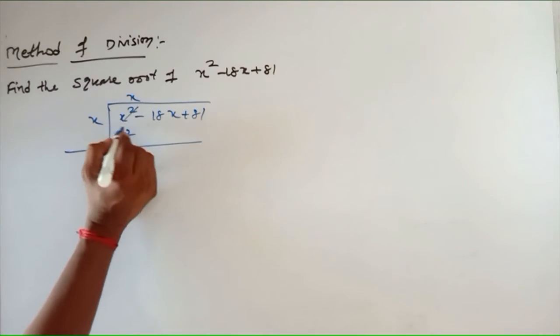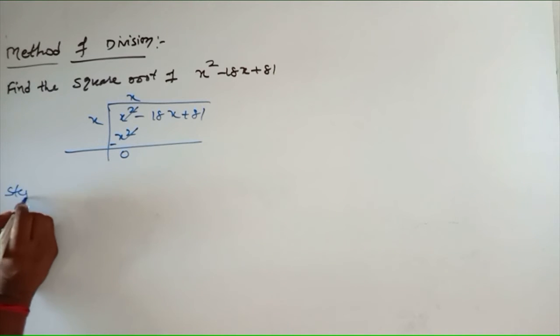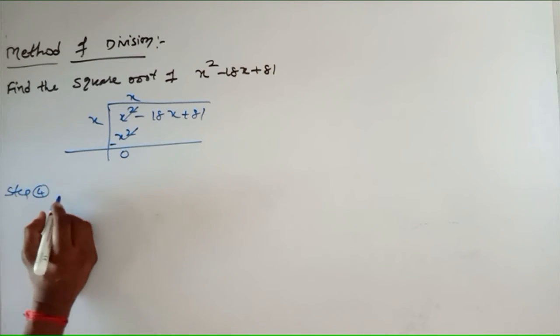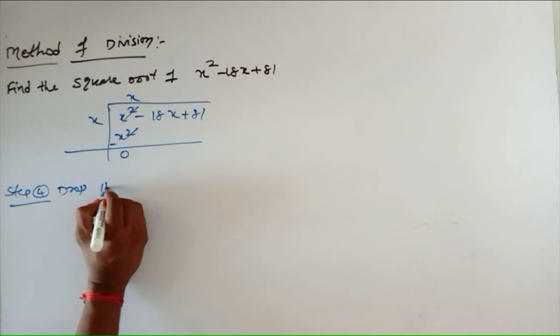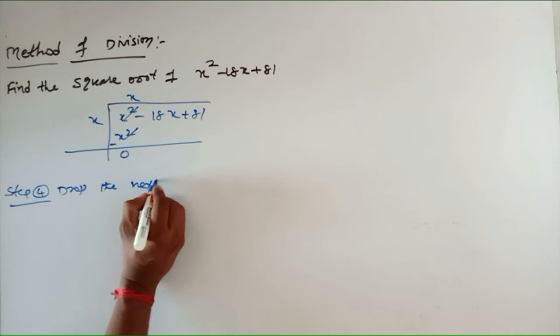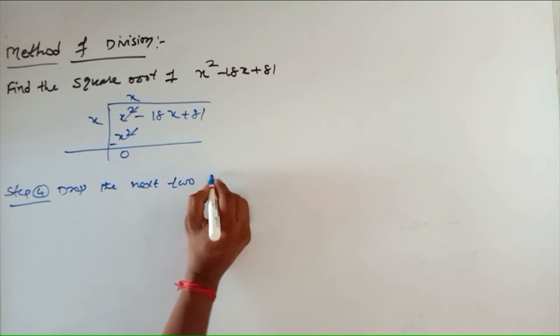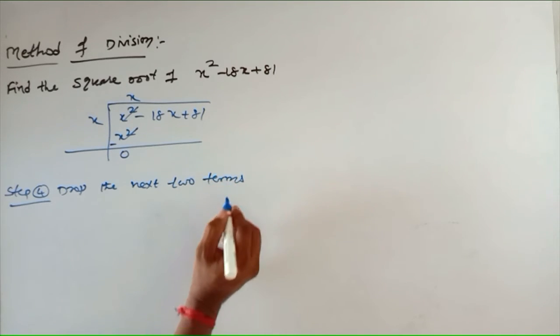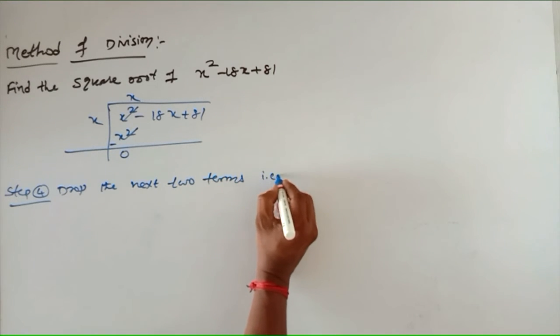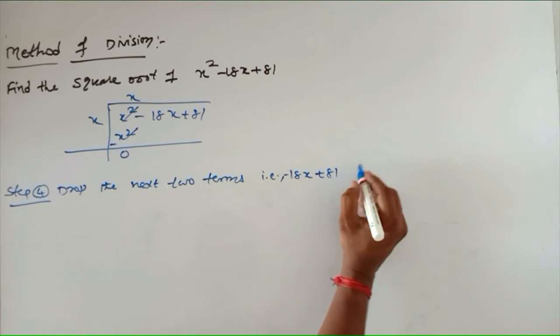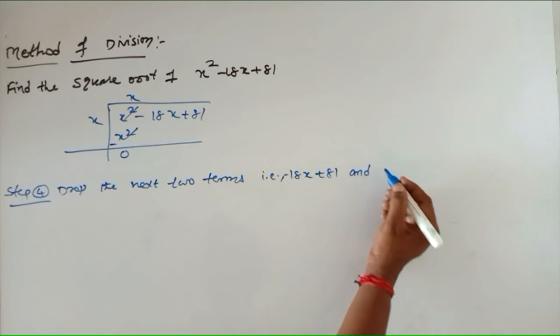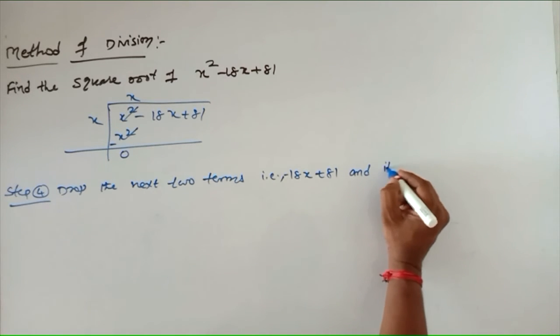The next step, drop the next two terms, that is minus 18x plus 81, and it is the new dividend.